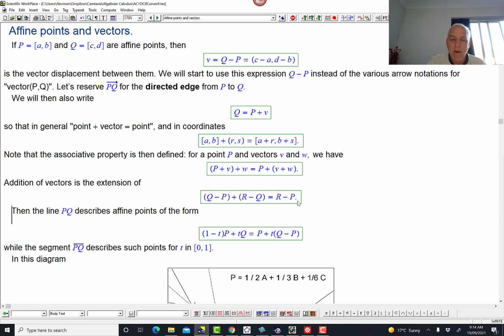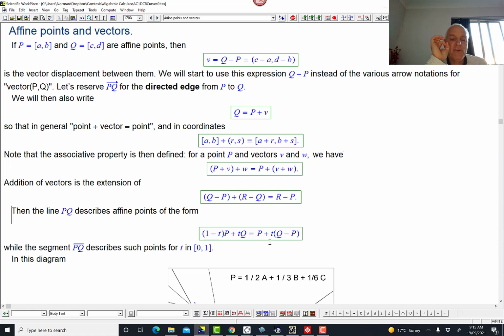Okay, great. Now we're in a position to describe lines really effectively, because we have this notation of taking a point and allowing ourselves to add a vector. Up till now I've been informally talking about affine expressions of the form (1 minus t)P plus tQ. Remember, this is the basic construction that we use to describe how the de Casteljau-Bezier curve results from the control points. We took the control points and made lots of combinations like this.